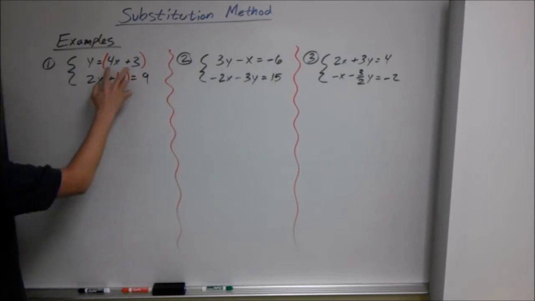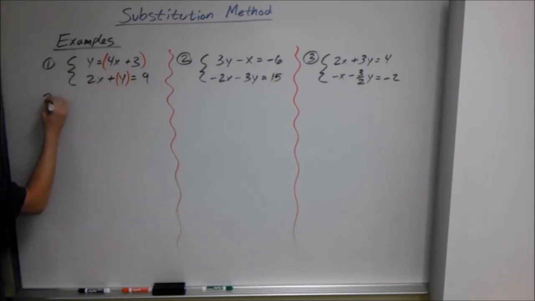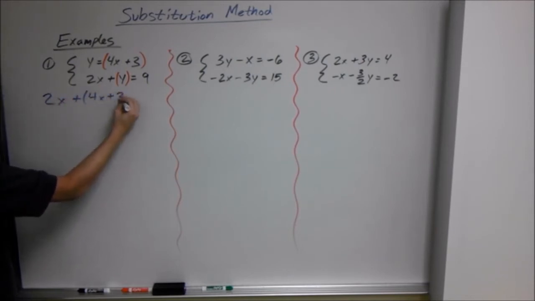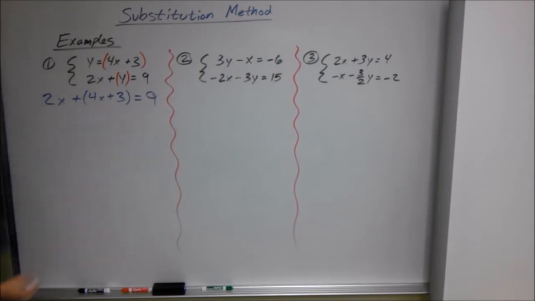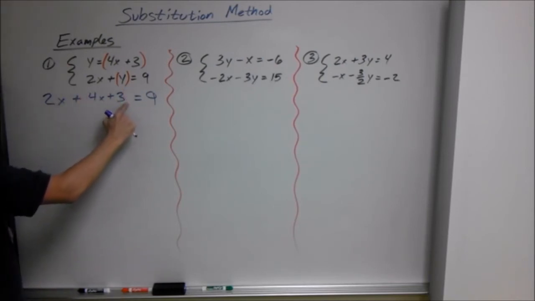So we take 4x plus 3, it goes in there. Everything else in this equation stays the same. So we get 2x plus 4x plus 3 equals 9. Since there's nothing to multiply here, we don't really need these parentheses, so those can just go away.